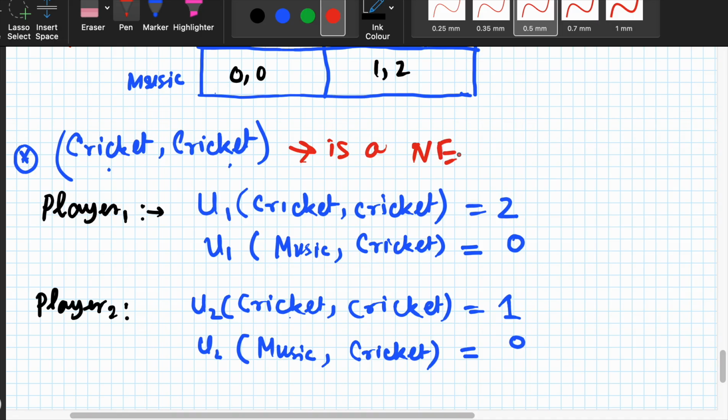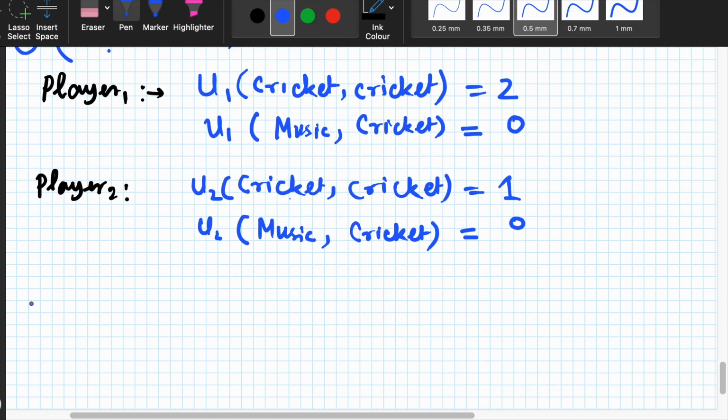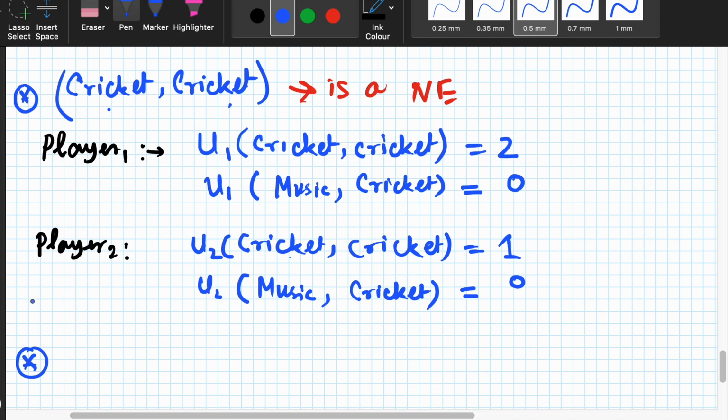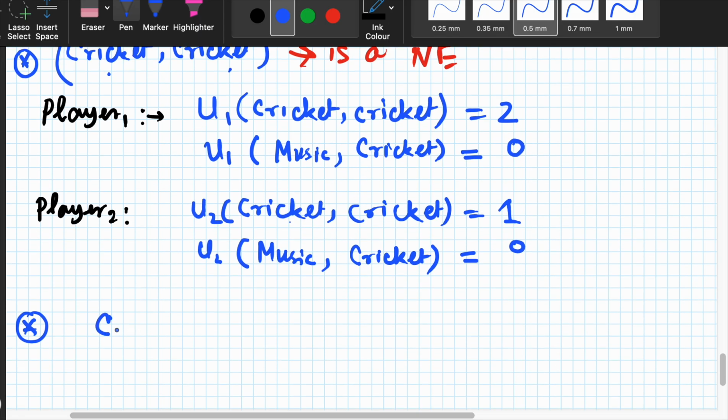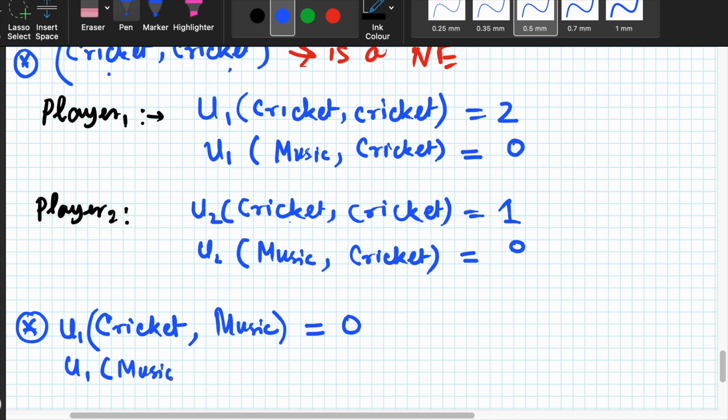Now let's see whether the option cricket comma music is a Nash equilibrium. Obviously, what is the utility of player 1? It is 0. If the male changes his preference from cricket to music, what will he get?